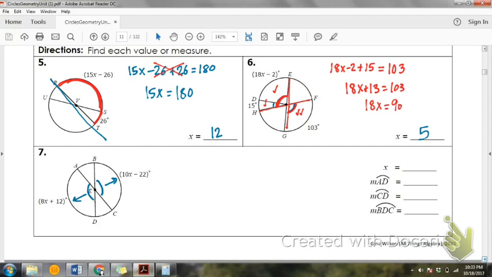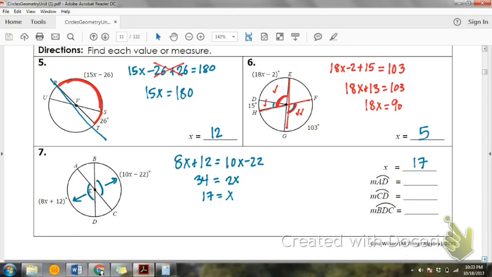So let's go ahead and do that. So I know that x is 17.